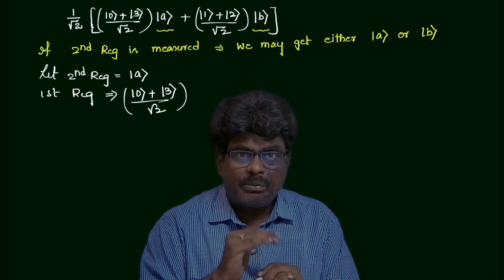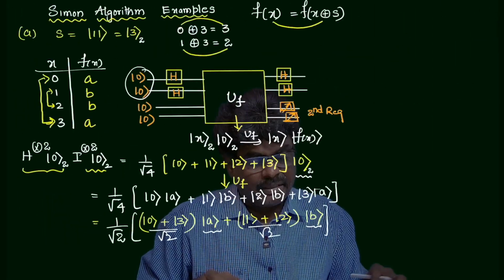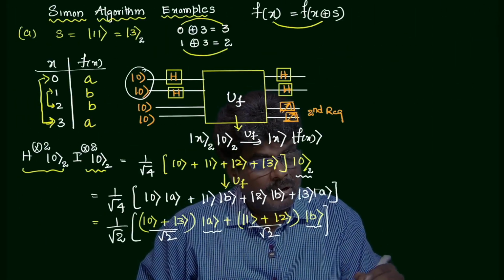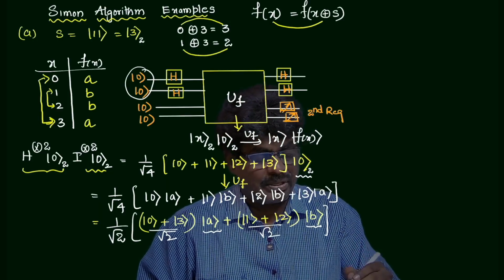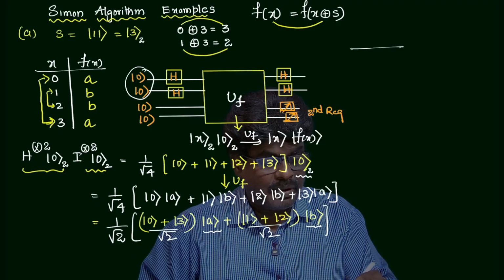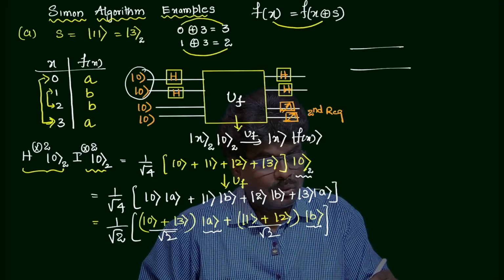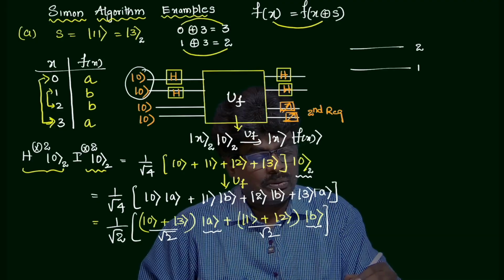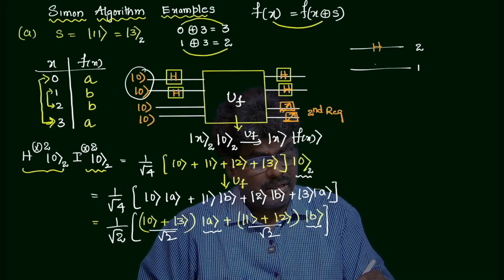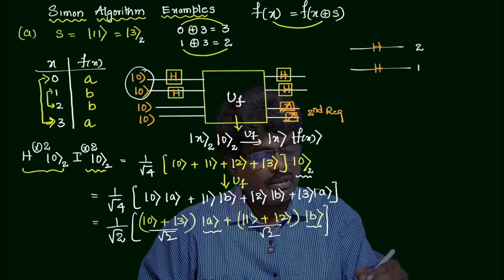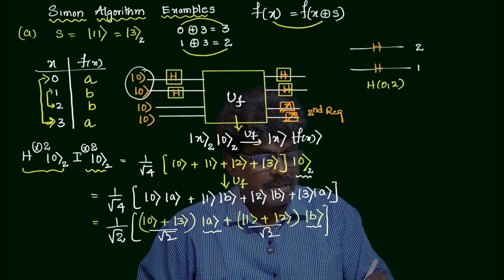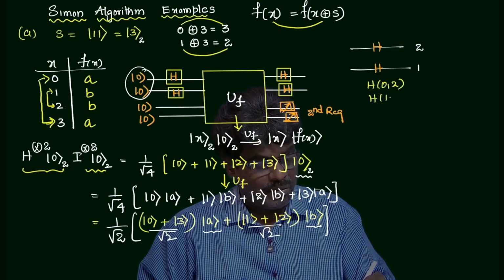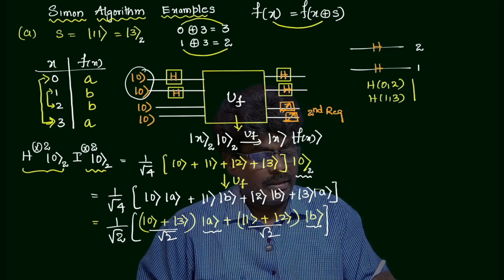Now we have some Hadamard operations here, so let me talk about these Hadamard operations. I hope everybody understands this decimal state notation. Here we have two Hadamard operations on 2 qubits, that's why it is 1 and 2. So here it is H and here it is H. What are these operations? This is H of 0 comma 2, and after that you have to add 1 comma 3.